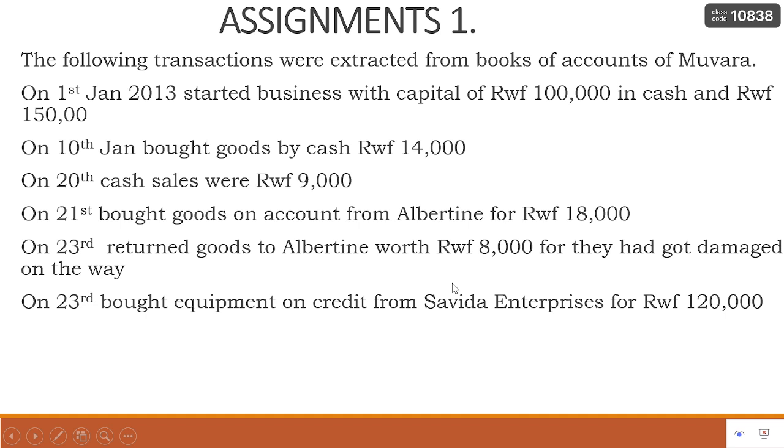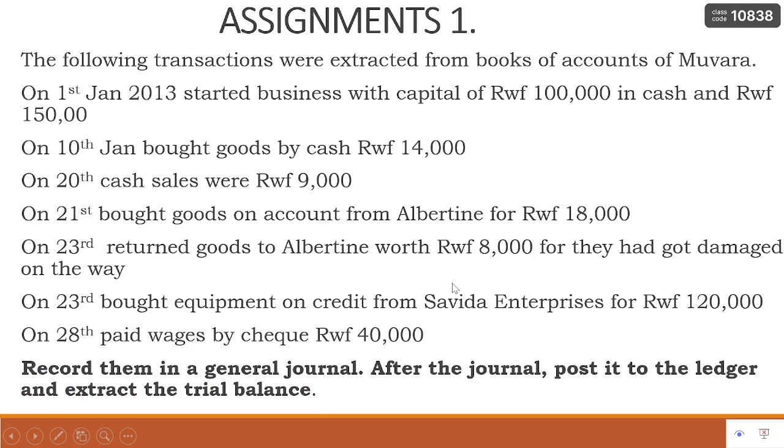On the 23rd, returned goods to Abertine worth 8,000 because they got damaged on the way. On the 23rd, bought equipment on credit from Savida Enterprises for 120,000 francs. And on the 28th, paid wages by check. You are required to record all these transactions in a journal. After the journal, you post it to the ledger and extract the trial balance.